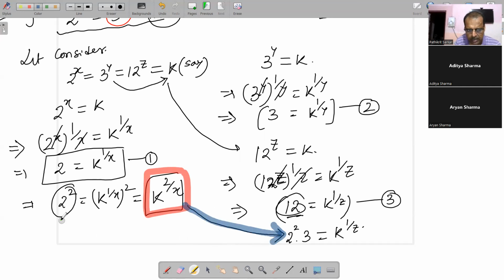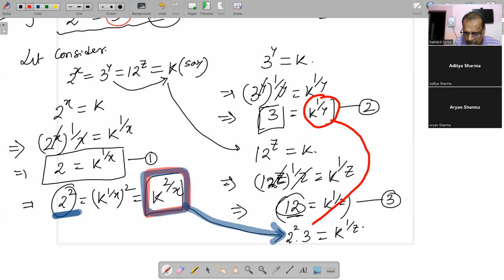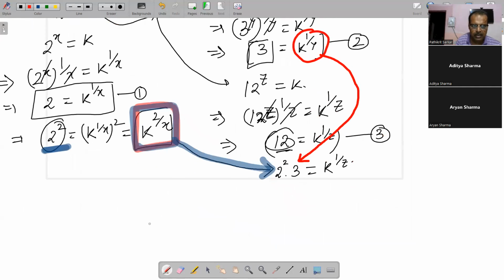यहाँ पर 2 स्क्वायर है, क्योंकि 2 स्क्वायर इज इक्वल टू आपको मिल गया दिस वन। तो k to the power 2 by x का वैल्यू यहाँ पर बैठा दो, और यहाँ पर 3 का वैल्यू आपको आ गया था, दैट इज कम डाउन टू k to the power 1 by y. So वो वैल्यू को आपने शिफ्ट करके यहाँ पर बैठा दो। तो आपका इक्वेशन क्या बन गया?